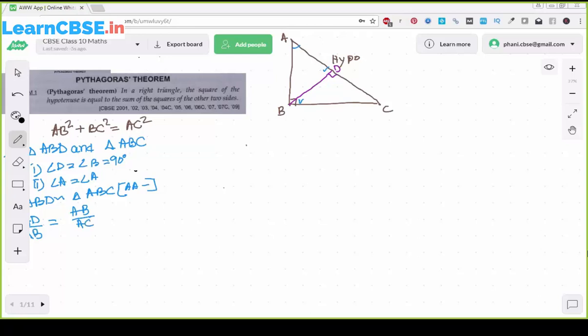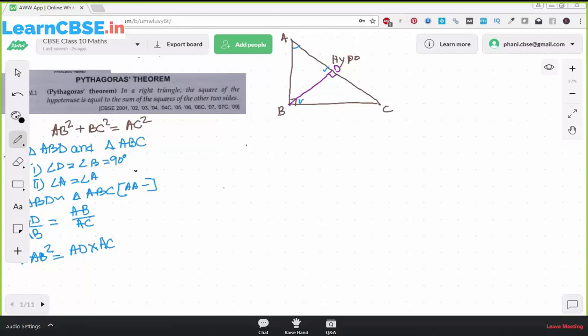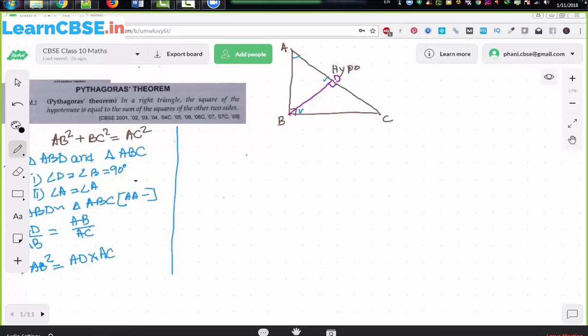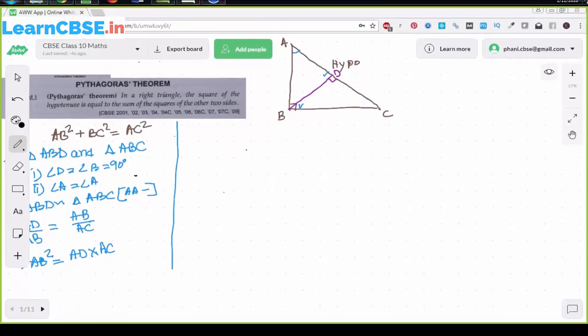So from here we can write that AB square equals AD into AC. AD by AB equals AB by AC, and that will give you AB square equals AD into AC.